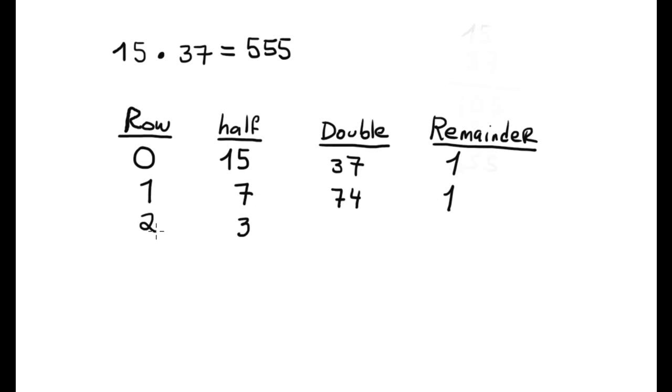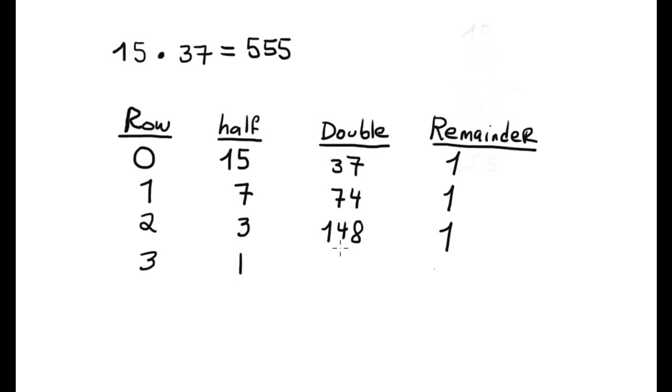This is the second row, and you double it: 74 multiplied by 2 is 148. Now finally, 3 divided by 2, sorry, is 1, and remainder 1 also. This is row 3, and then you duplicate this.